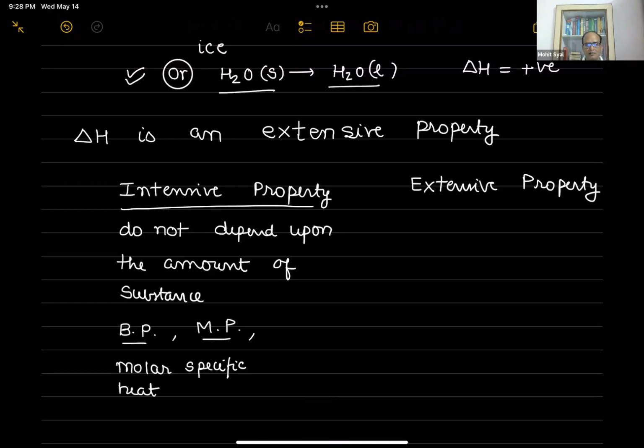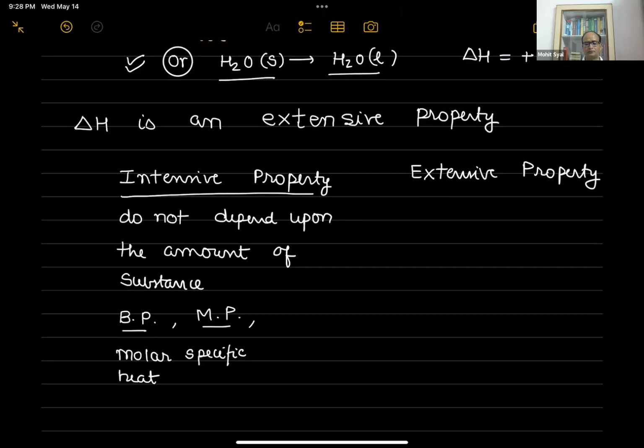Boiling point, is it different for 1 gram of water and for 1 kg of water, or is it the same? Yeah, it's the same, 100 degrees Celsius. Melting point is also the same.